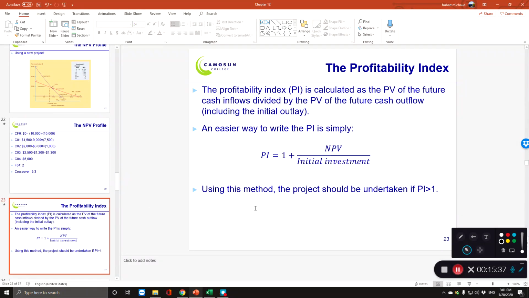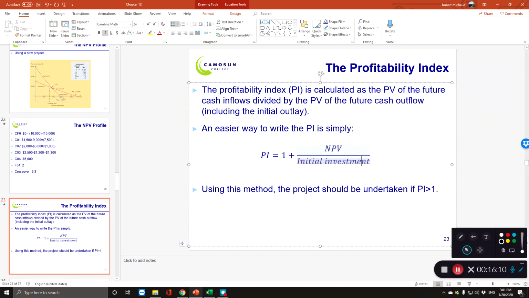Okay, the next tool we can use to choose between capital projects is the profitability index. It's actually really easy once you know how to calculate the NPV. The profitability index is simply 1 plus the NPV of the project divided by the initial investment.